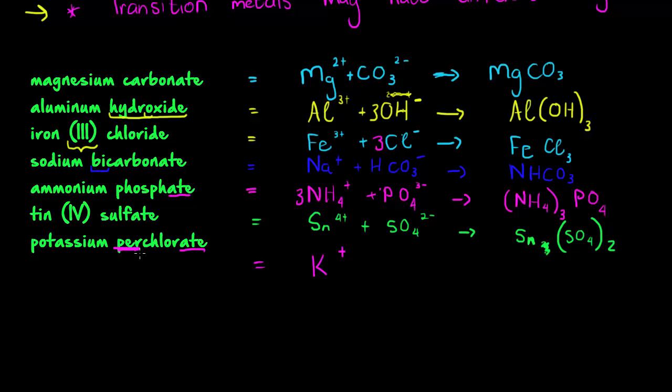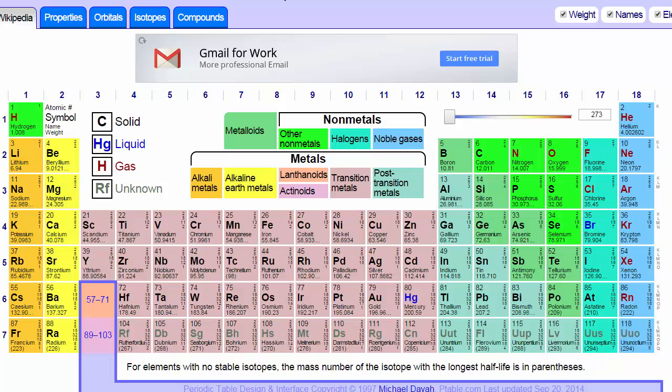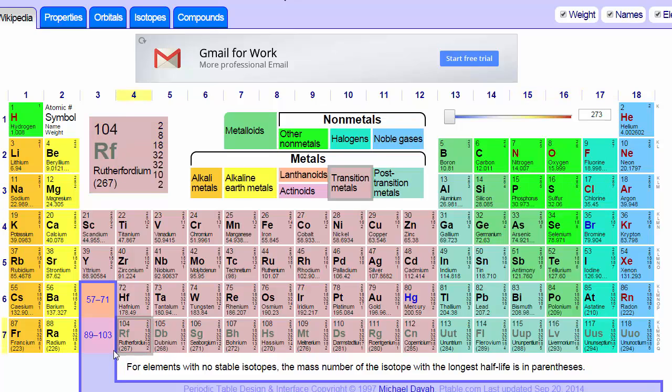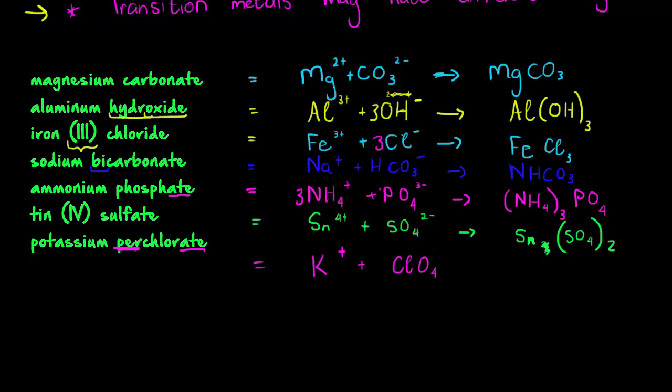If an oxygen was added, then we add a per to the chlorate. So in other words, this one is ClO4. Phosphate had 3 negative, this was 2 negative, so chlorate has a 1 negative charge.